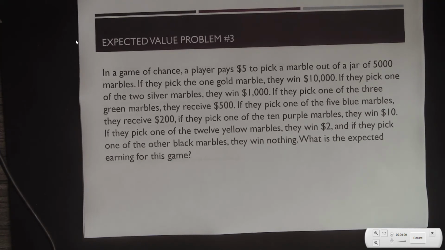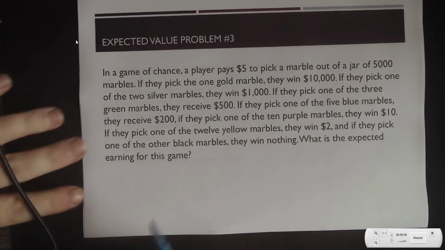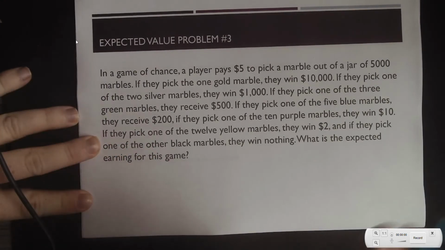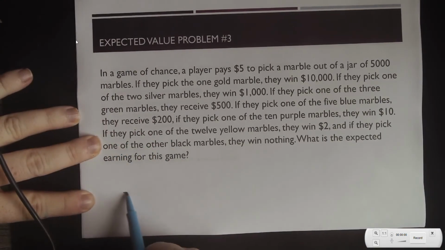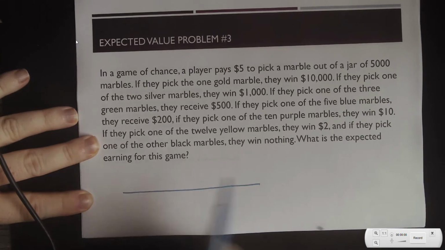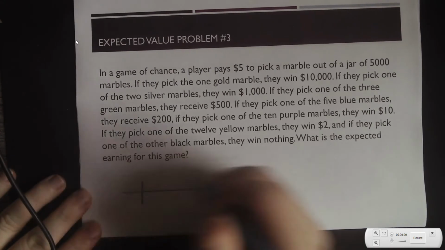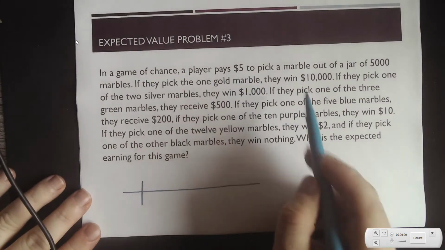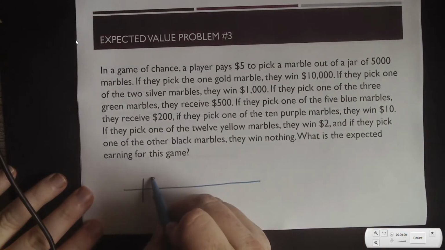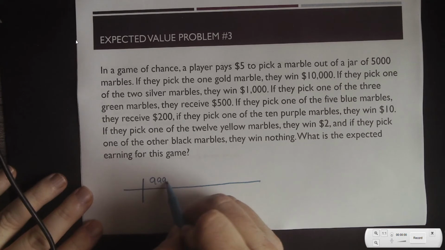Well, we need to look at every single one of these individually. Remember that you have to deduct your $5 at first, because we're paying $5 to get in. So we're really not winning $10,000, we're winning $9,995.